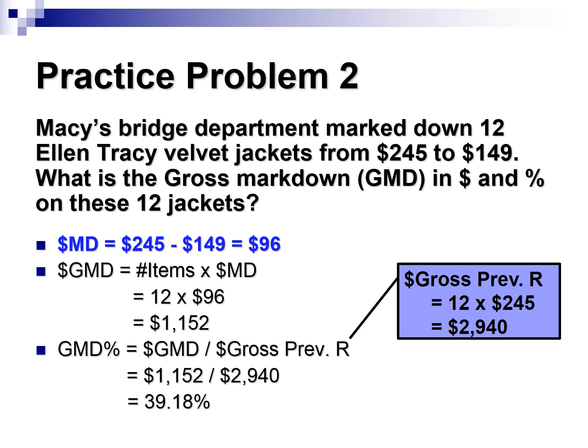So that makes the gross previous retail equal to 12 items times 245, so that is $2,940 gross previous retail. Gross markdown dollar was already calculated before, $1,152. You divide that by the gross previous retail we just calculated, $2,940. That gives us the gross markdown percent of 39.18%.